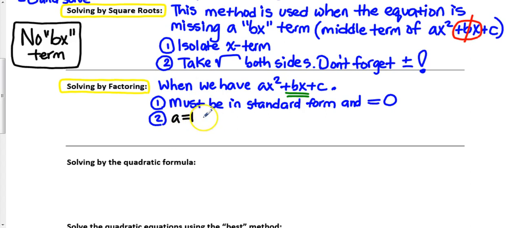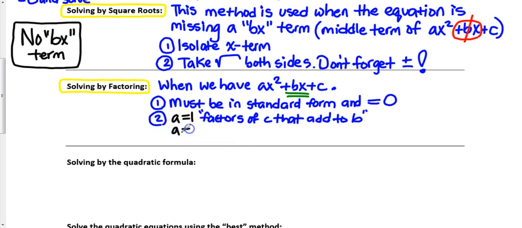So when a is 1, remember factors of c that add to b. Here I'm just abbreviating the key idea. You can go backwards in the workbook and go look when we factored when a is 1 for more notes. So if a is 1, we're looking for factors of c that add to b. Notice I changed colors, so if you have a highlighter, highlight that, or if you're taking notes in pencil and you have a blue pen or a black pen, go over that to make it stand out.